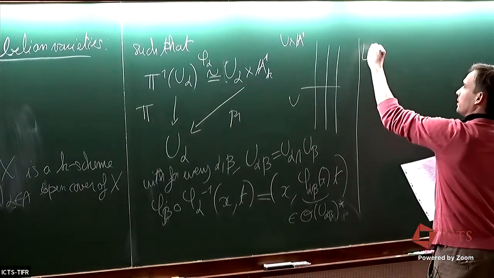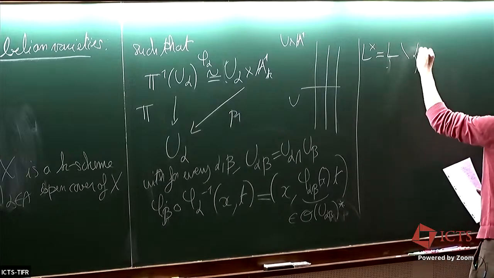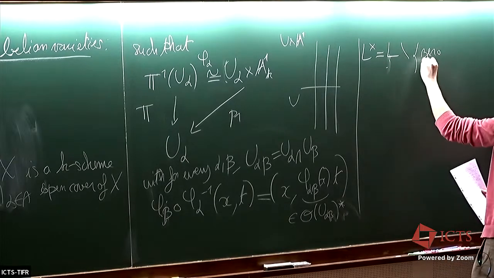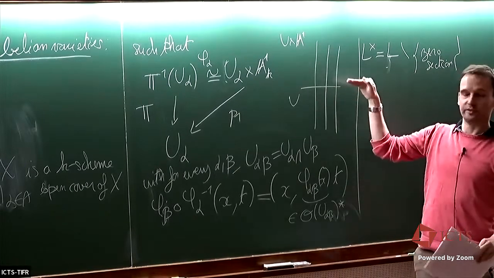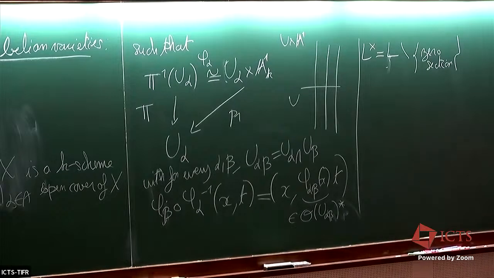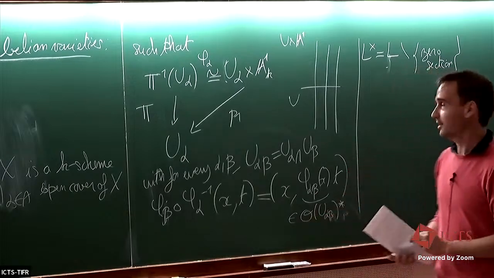By the way, I will often need this, so L star will be L minus the zero section. So I cut out this on every open. For those who know, that's because sometimes we want to think of it as a G_m-torsor.